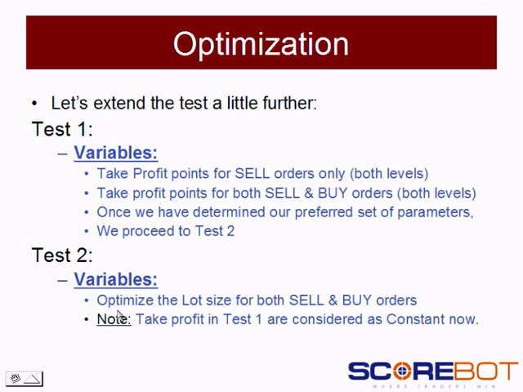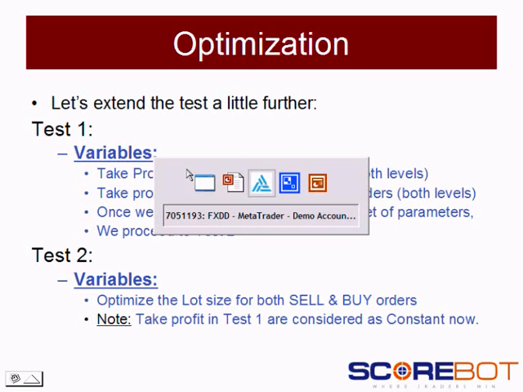First test, I will determine the take profit points for sell orders only. When I indicate here both levels, you probably should understand by now there is a basic sell order followed by an average level of selling order. After performing this test, then we perform the test for both sell and buy orders. So let's start with the real test.